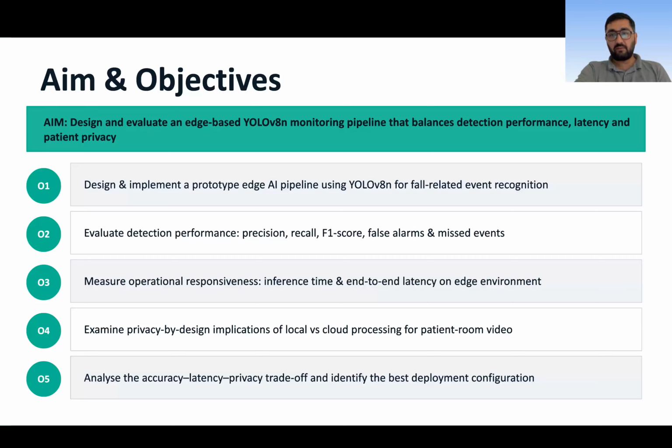Two: evaluate detection performance using precision, recall, F1 score, and related metrics. Three: measure inference latency and frames per second to assess real-time feasibility. Four: examine the privacy by design implications of local processing versus cloud processing. Five: analyze the accuracy, latency, and privacy trade-offs to identify the best deployment configuration. I am pleased to say that all five objectives were achieved within this project.